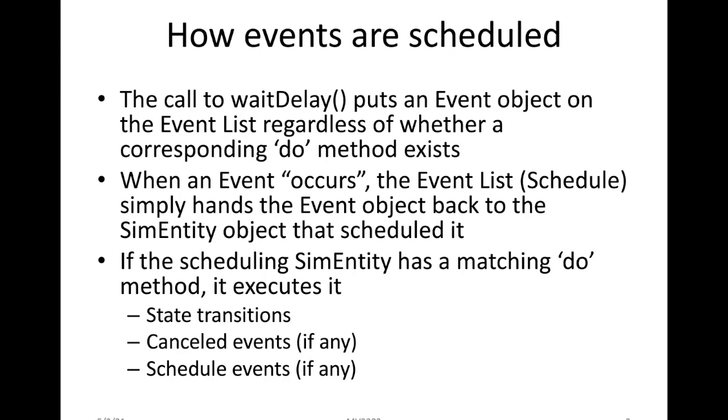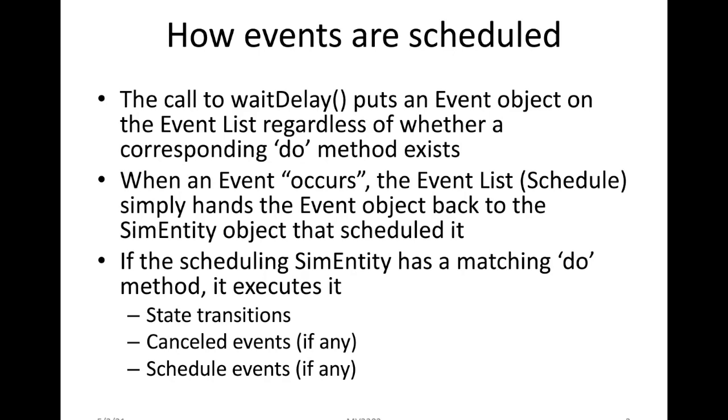So for example, we've seen examples where there's an arrival event with no arguments and an arrival event with, let's say, a part argument. We saw that in the transfer line. So the transfer line component had an arrival event that had a part as its argument.